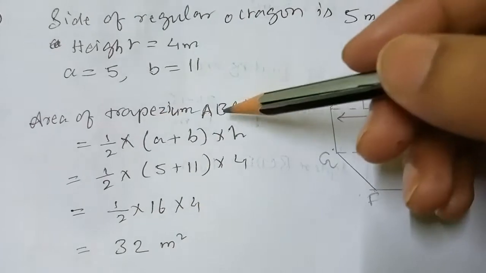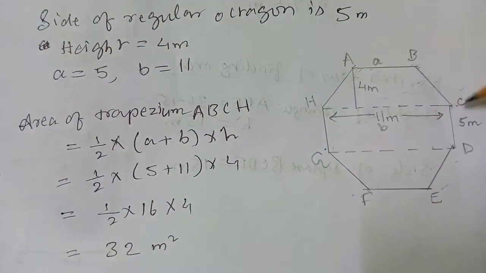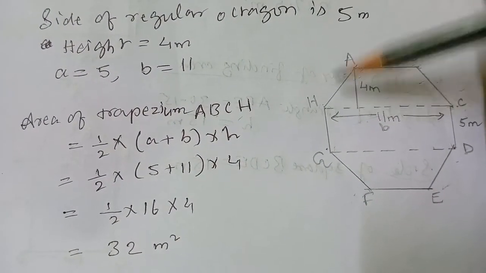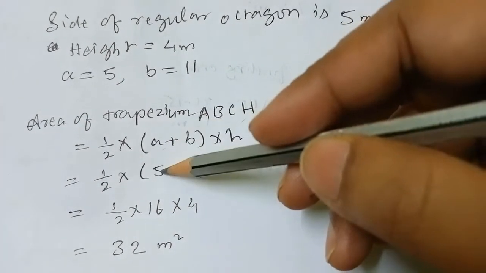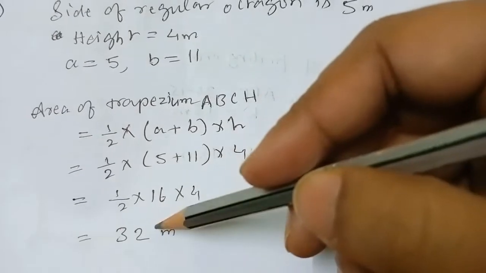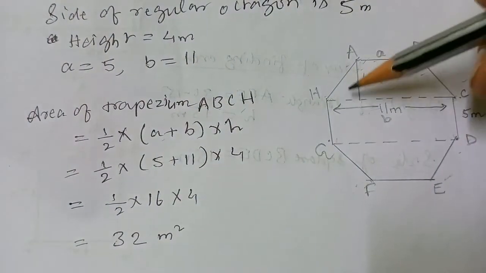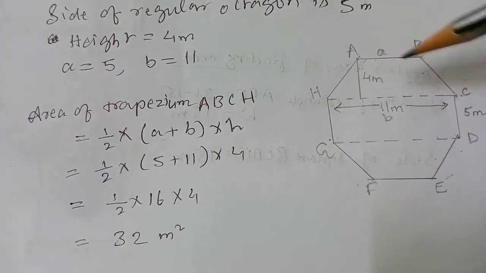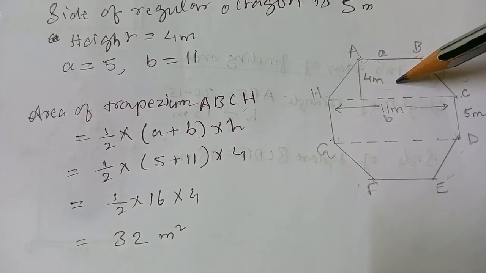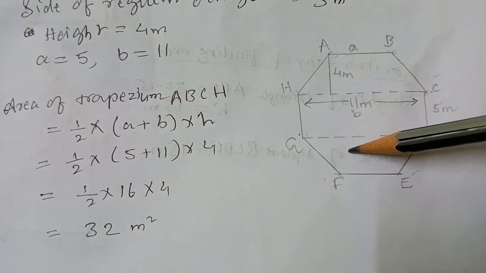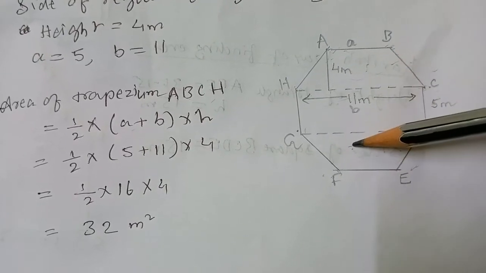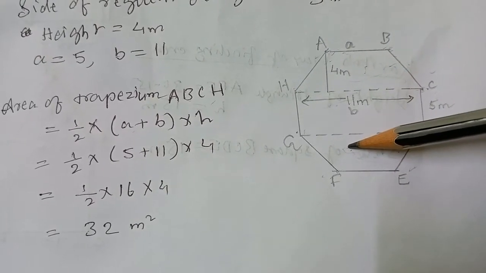So the area of trapezium ABCH is half into the sum of parallel sides into height. So half into 5 plus 11 into 4. It comes to 32 meter square. So the area of this trapezium is 32 meter square. This trapezium is also equal to the other trapezium, so its area is also 32 meter square.